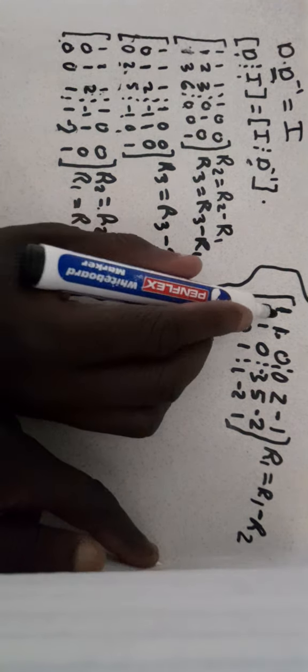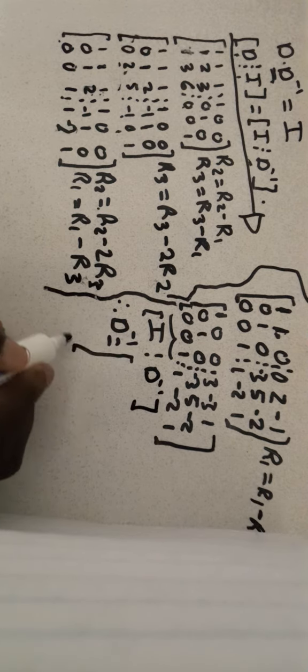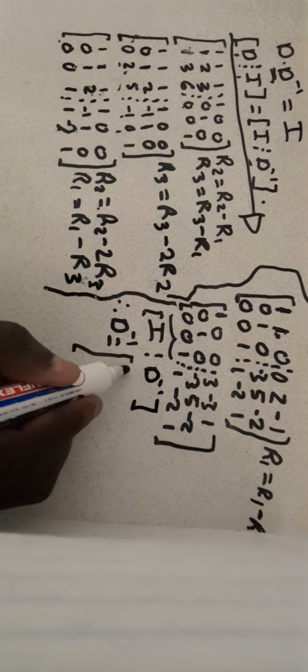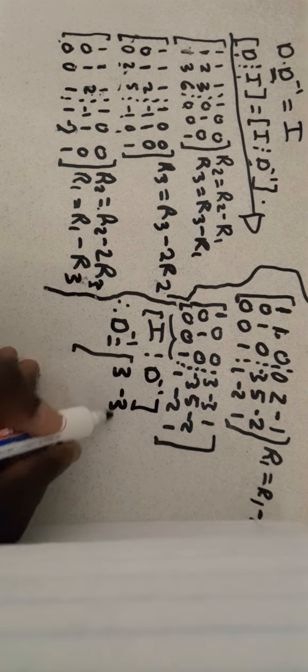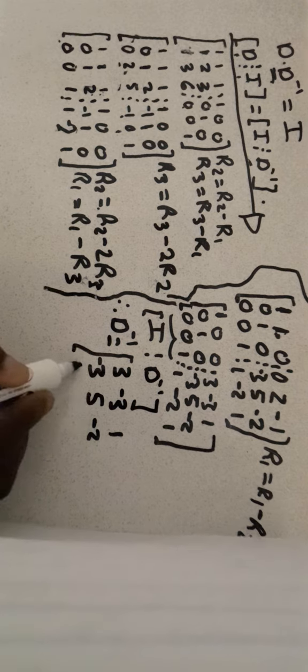You can simply see that this side is an inverse of D, since we said before that if you can do this, then this one is the inverse of D. So therefore we can say without any fear of contradiction that the inverse is 3 minus 3, 1, minus 3, 5, 1 minus 2, 1.